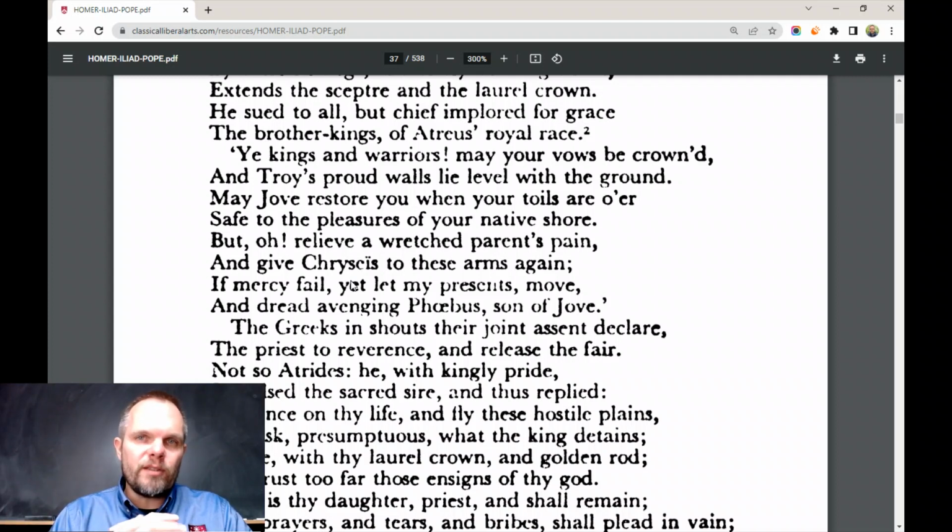Phoebus is an avenging god. And so he says, if you have no pity for me as I beg you for my daughter, then please consider the value of my gifts, and also consider the danger of offending Phoebus, Apollo, who is an avenger and will avenge any wrong done to his priest. So this is Chryses' humble, suppliant prayer to Agamemnon and Menelaus, begging for his daughter.